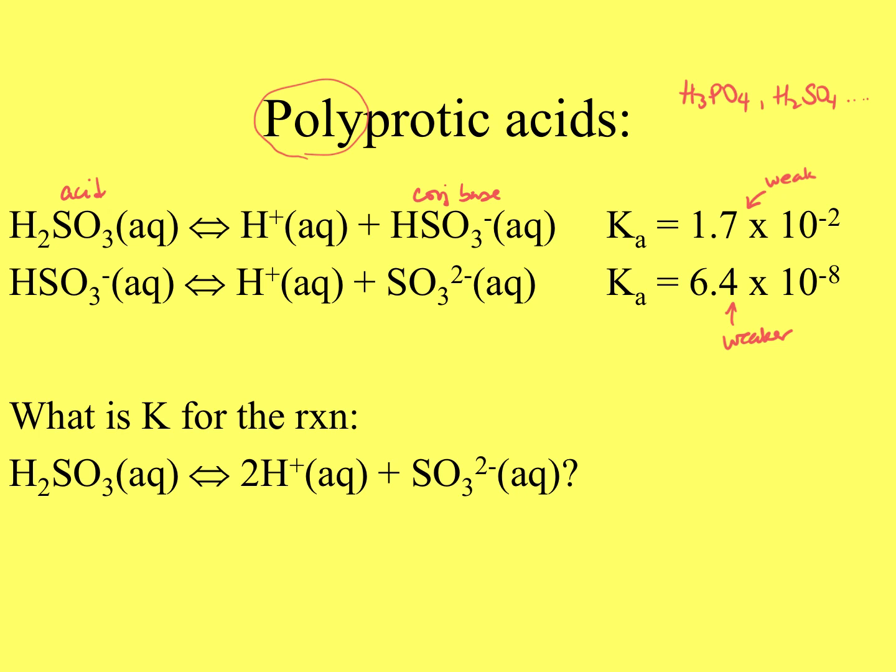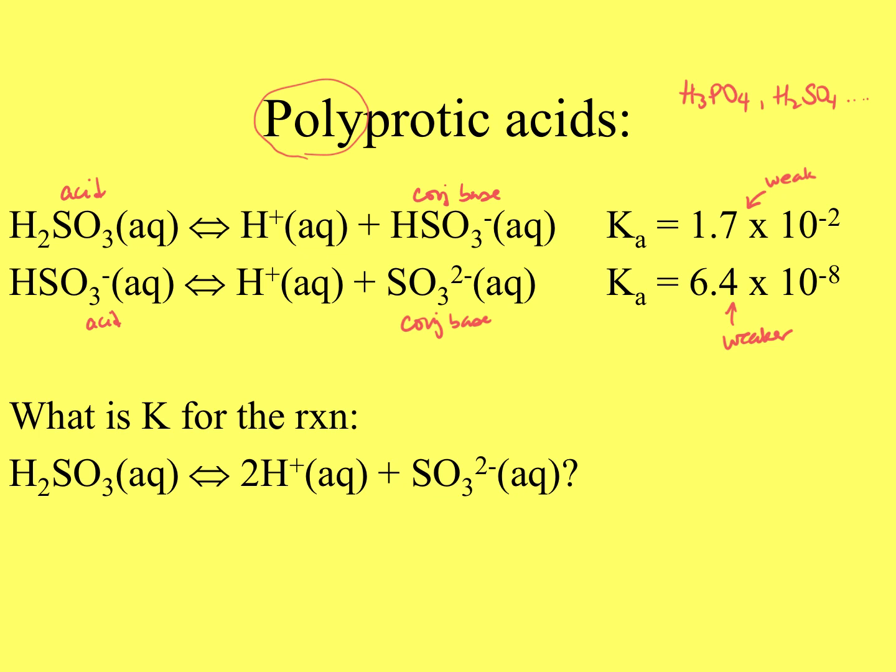Then when the HSO3 negative undergoes further hydrolysis with water, it is now acting as an acid in this problem, and then SO3 2 minus is now a conjugate base. So the Ka for the first one is associated with this acid, and then the Ka for this one is associated with this acid, which was the conjugate base in the previous one.